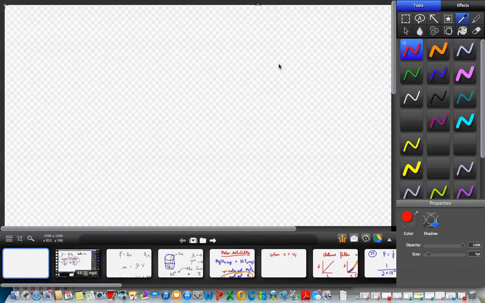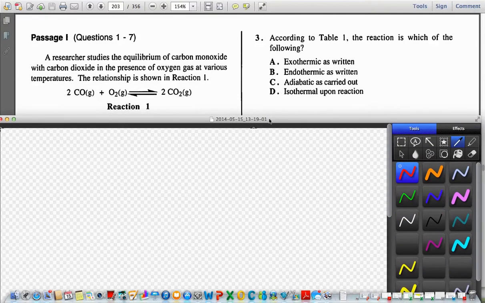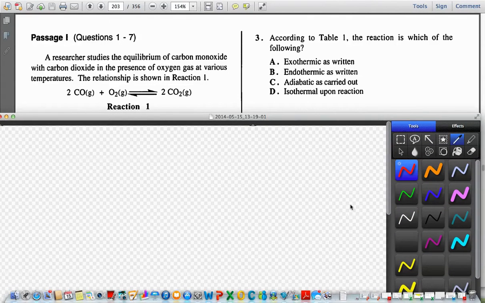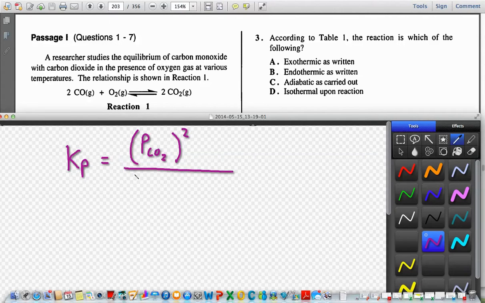So let's go ahead and do the math on this. We know that the Kp is equal to the partial pressure of CO2 quantity squared over the partial pressure of CO quantity squared times the partial pressure of O2.